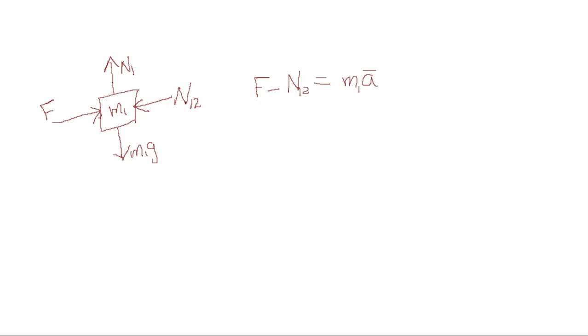We know that F is 20 Newton, and what we need to find is the normal force on this surface. So N12 is equal to F minus M1A, which is 20 minus 5 times 2, that is 10. So N12 is 10 Newton. The contact force acting on M1 is 10 Newton.